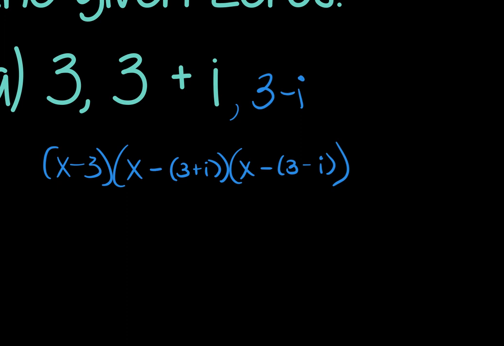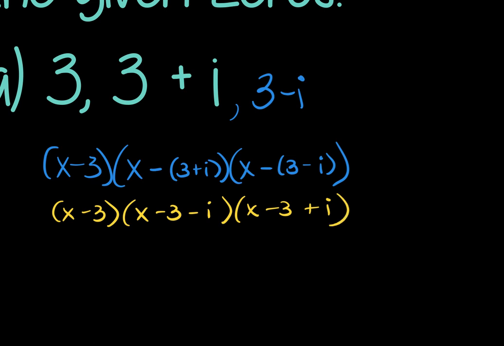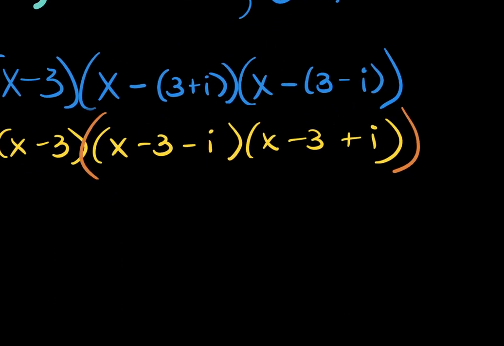I'm going to distribute that negative. So I get x minus 3, x minus 3 minus i, x minus 3 plus i. And now I've got to FOIL that out. So I recommend starting with the second and the third because those are the ones that are going to cancel out the i's, okay? If you've done it correctly, then when you multiply by a conjugate, all the i's are going to cancel out. So I'd get x times x, x times negative 3, x times i.